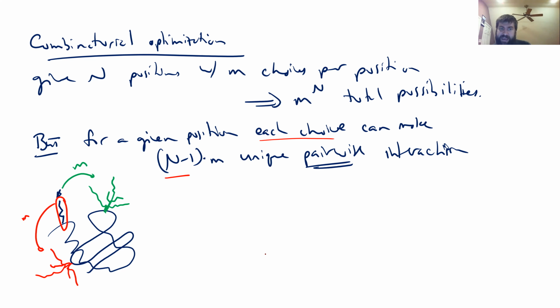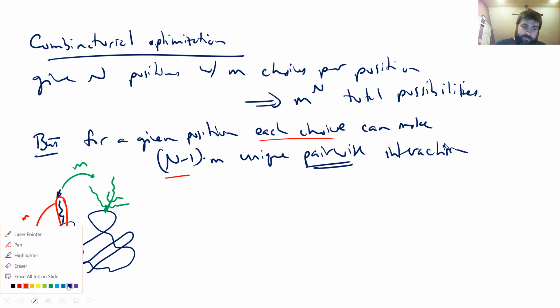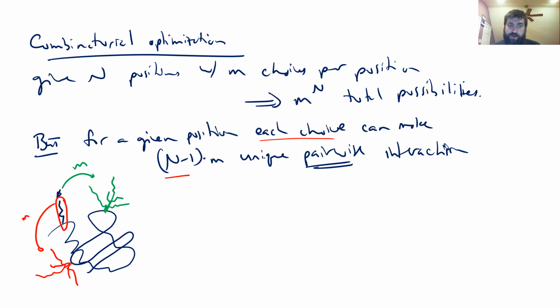If we now say, what are the set of all choices that we can make, and what are the possible interactions that one position can make with everything else? Then what do we end up with?